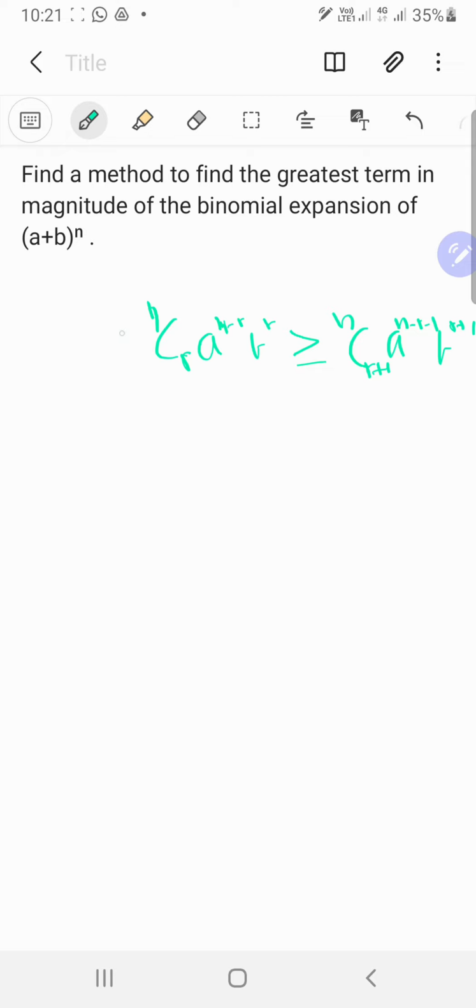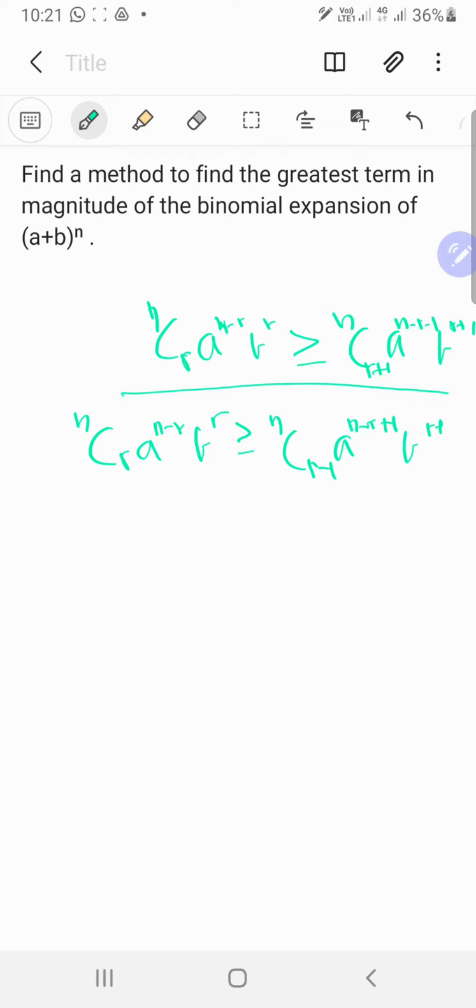And this is also going to be bigger than or equal to n choose r-1, a^(n-r+1), and b^(r-1). Cool. So now let's deal with these inequalities first of all.